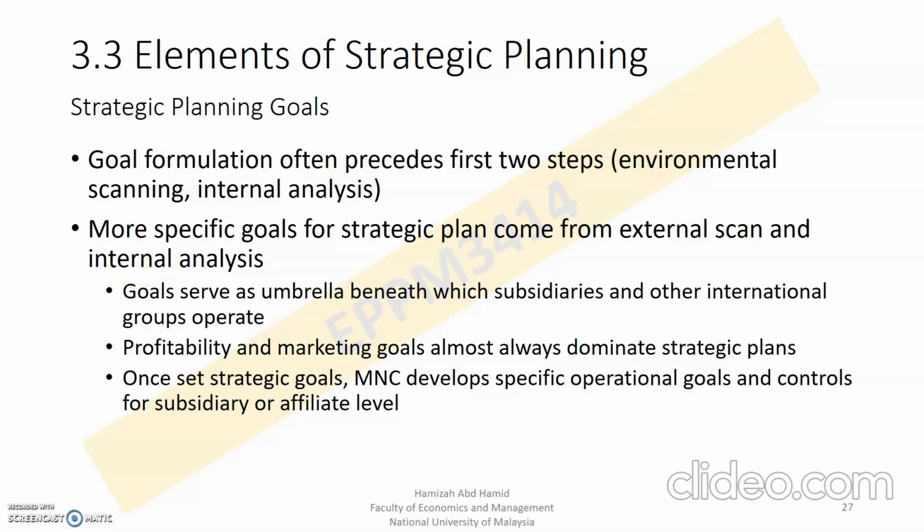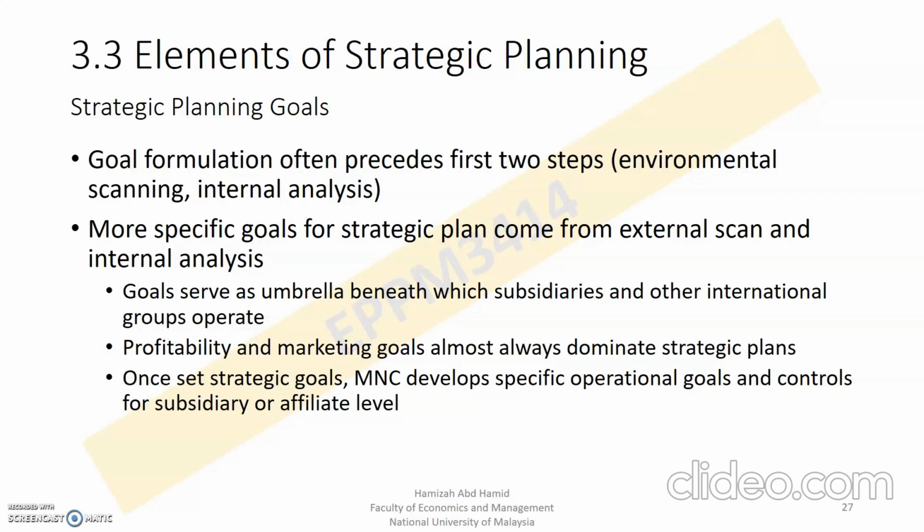Profitability and marketing goals almost always dominate strategic plans. So there are goals such as to expand the market, to venture into the European market, for example, to increase profitability by 10%, 20%. Those are the aspects of strategic plans that you may see.